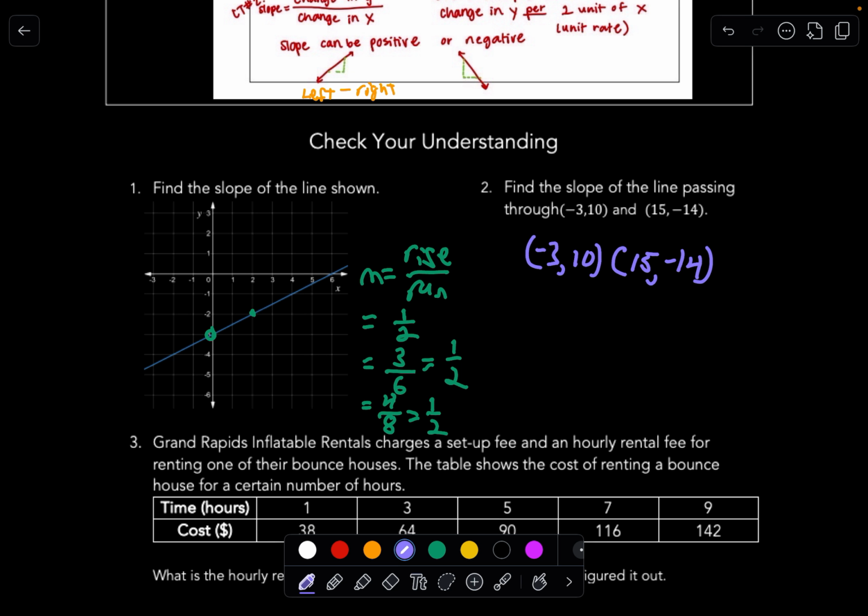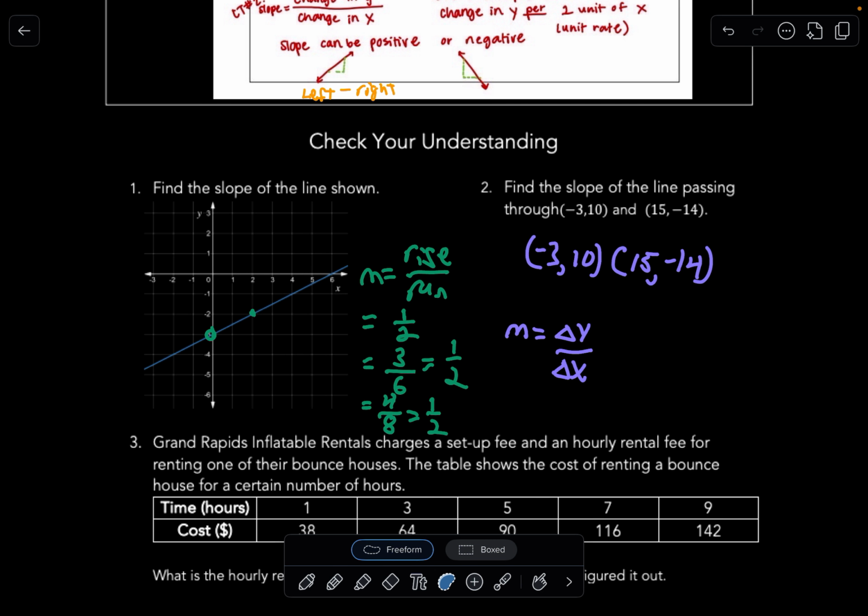You could plot it if you had a grid that was big enough that you can get 15 for the x and negative 14 for the y, and then you could just plot the 2 points and count, kind of like how we did this when they gave you the graph. But barring that, then you're going to use the idea that slope is equal to the change in y over the change in x. Okay?